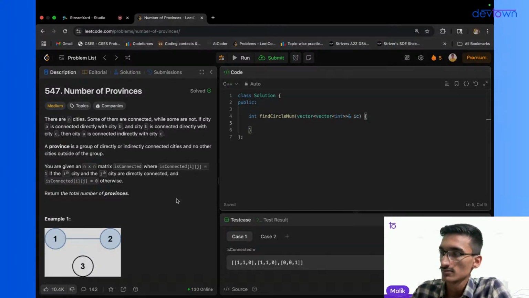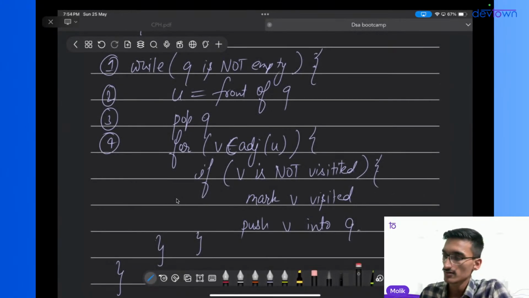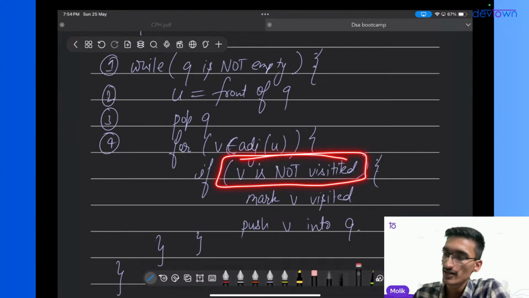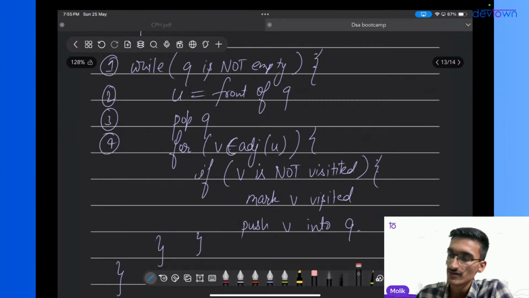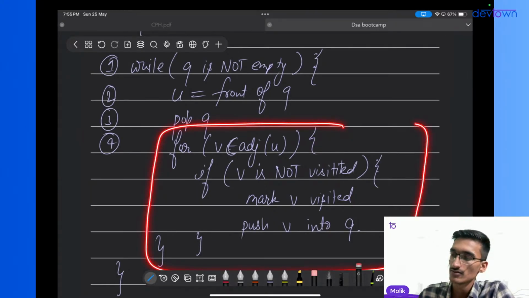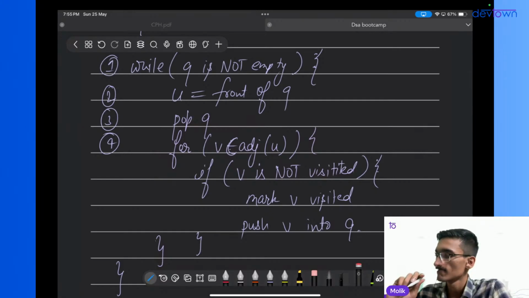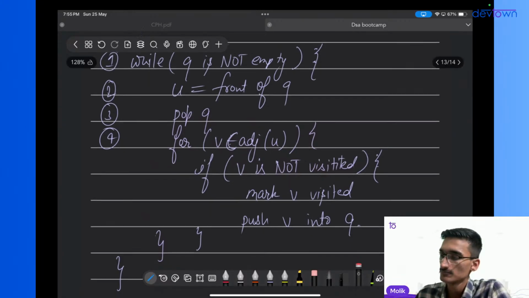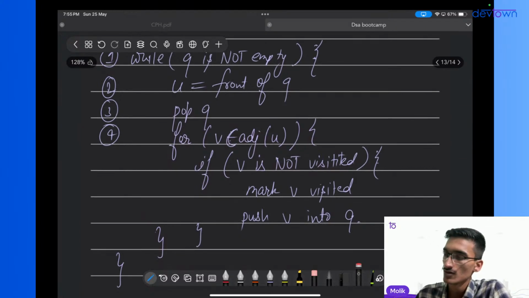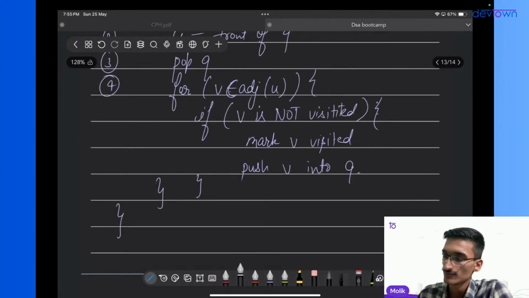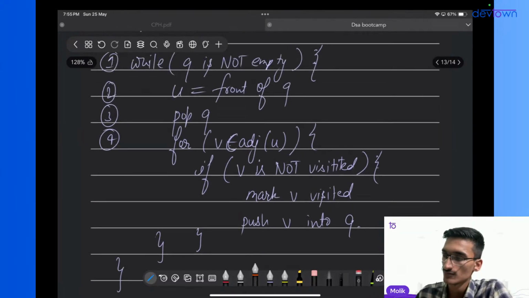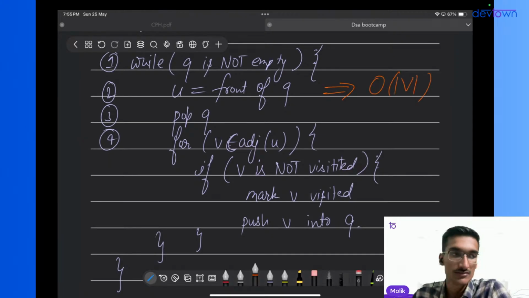And also one thing, notice that you will only visit the node if it is not visited, which means you will only run this loop for V times.